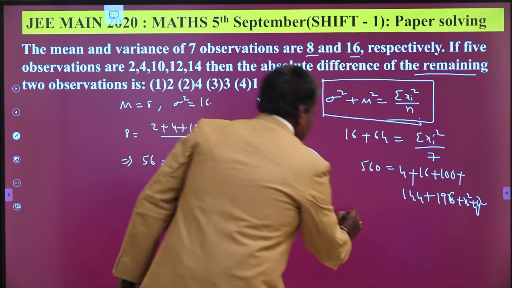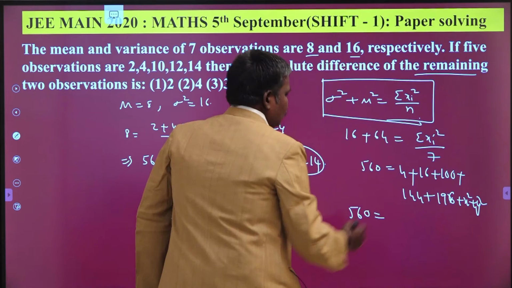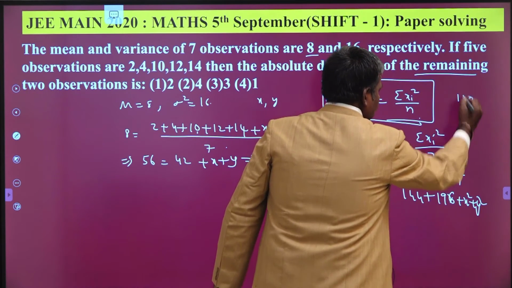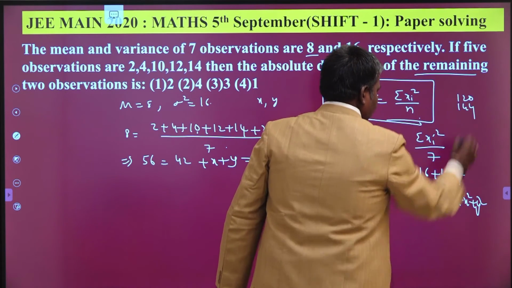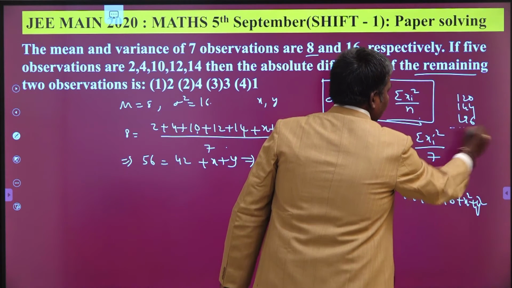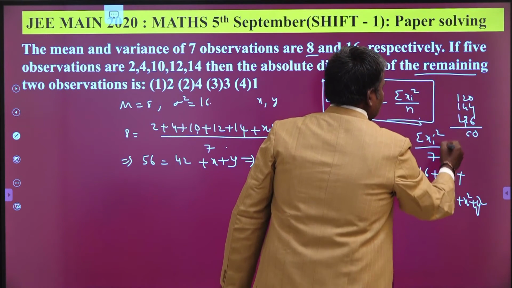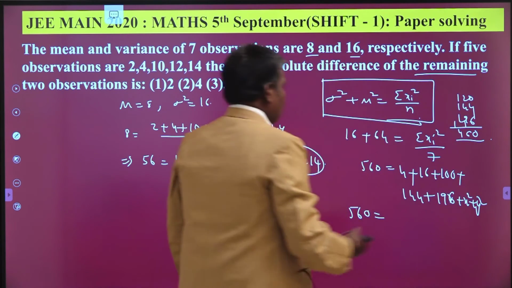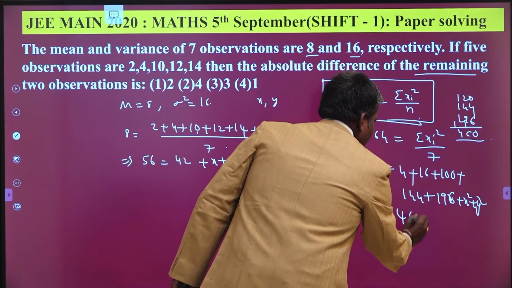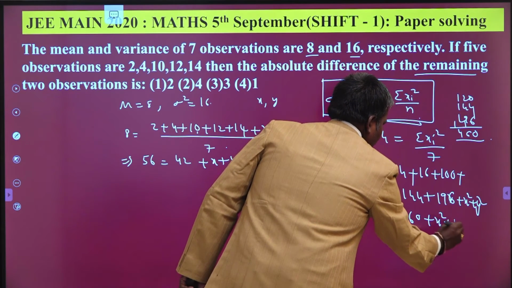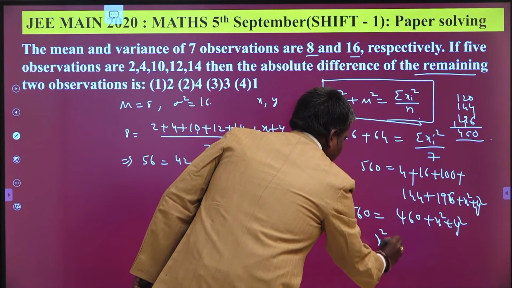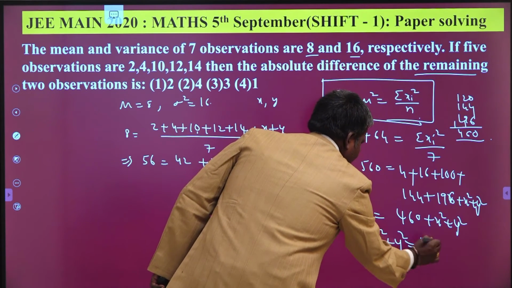This is the sum of squares. Now 560 is equal to 20, 120, this is 120, this is 144, this is 196. That is 10, 14, 16, 460. So this is 460 plus x square plus y square. We have x square plus y square as 100.